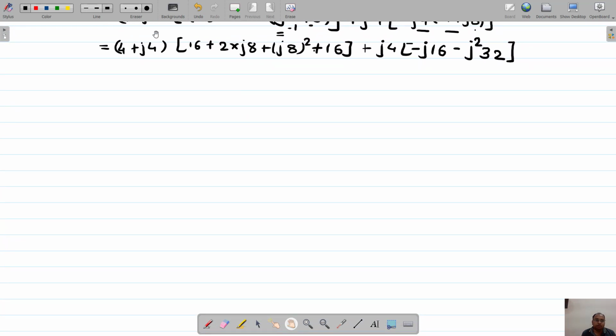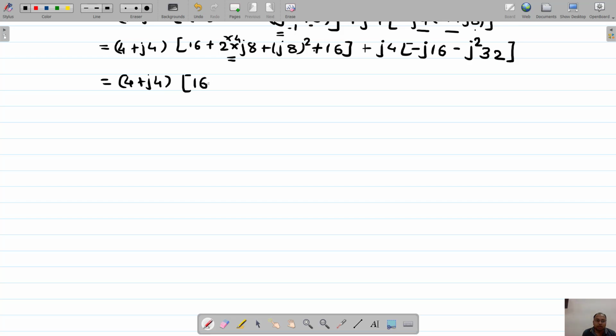Is it fine? So let us simplify this again. 4 plus j4 into the bracket. Now what is the value of this one? I forgot to write 4 into 4 as well, sorry.